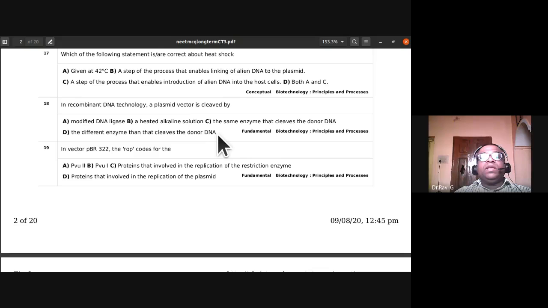Okay, in vector pBR322, the rop codes for the region of, okay, so what does it code for? Replication of the plasmid. So proteins involved in the replication of the plasmid is the answer.